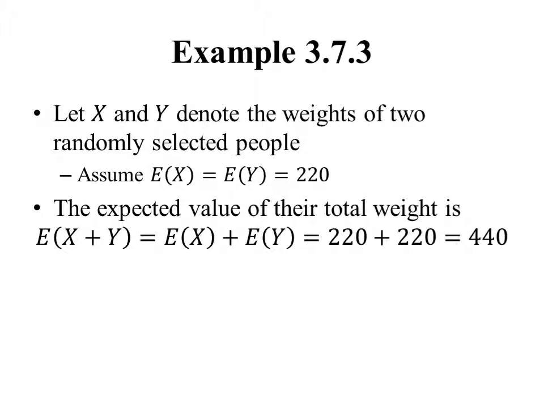So if we combine them, if we somehow put them together in a car or something like that, what's their expected total weight? Well, in terms of x and y, we want to know the expected value of x plus y. And according to our theorem, that's the expected value of x plus the expected value of y, which we're told are 220 each. We add those together, get 440. That's it. The expected value of the sum is the sum of the expected values.